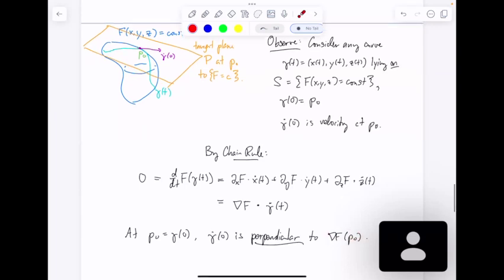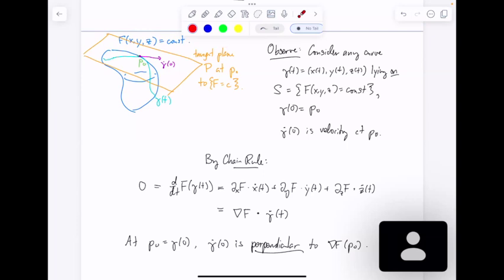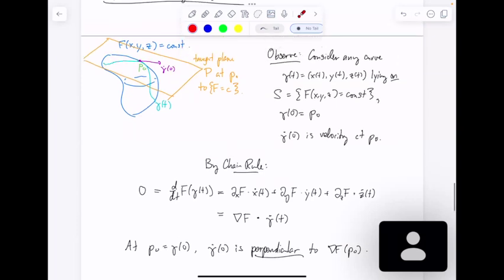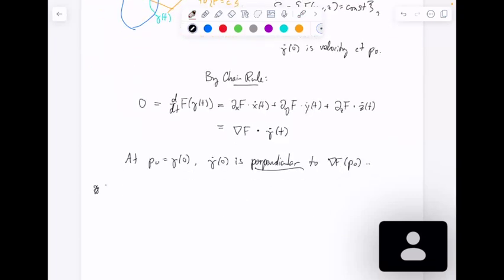In other words, I can characterize the tangent plane at p0 to this blue surface as being given by a plane equation where you want its normal vector to be exactly equal to grad f. All right, so what do we have? The tangent plane T at p0 is the plane with normal vector grad f.